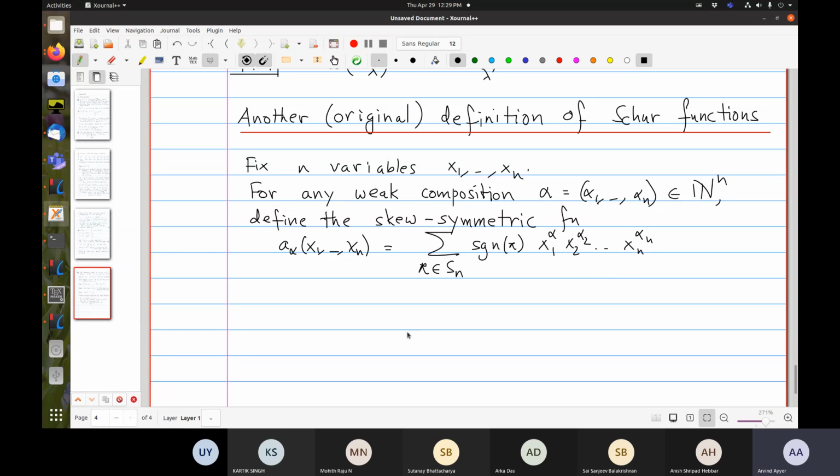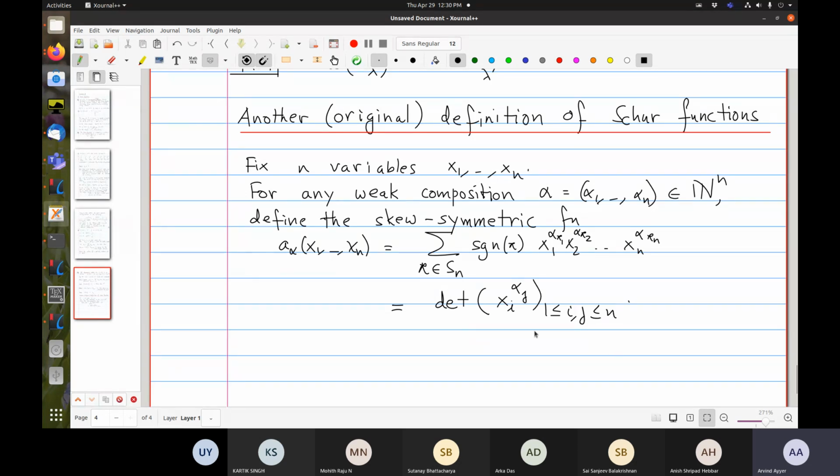And by the usual Leibniz expansion, you can see immediately this is the n by n determinant of x i to the alpha j, where i and j run from 1 through n.